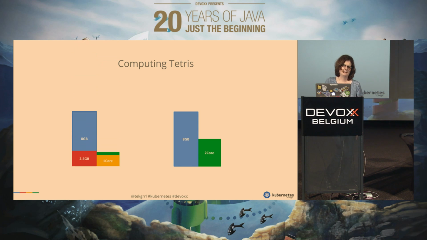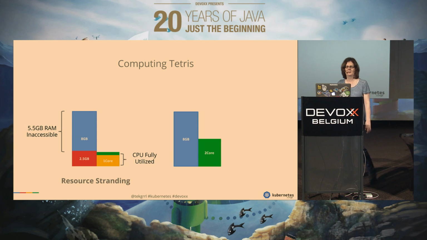Basically, we have a job, 2.5 gigabytes, 1 core. And now what we see with that job is the CPU is fully utilized, but we have 5.5 gigabytes of RAM that's inaccessible. We can't use that, and so basically we've stranded that resource. That's a problem.